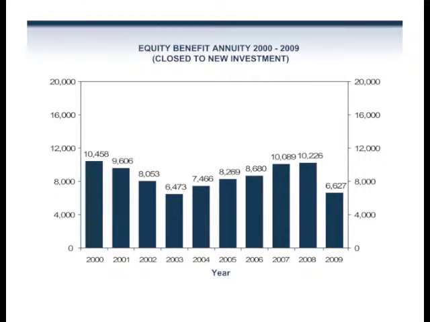This is the equity benefit annuity. Increases came, but there's a lag in making these. So these are the actual cash flows. And in 2009, actually, the cash payments from this dropped about 35% because of the lag.